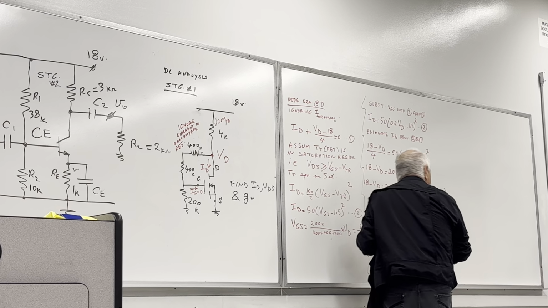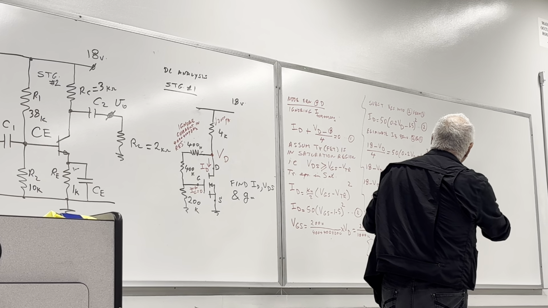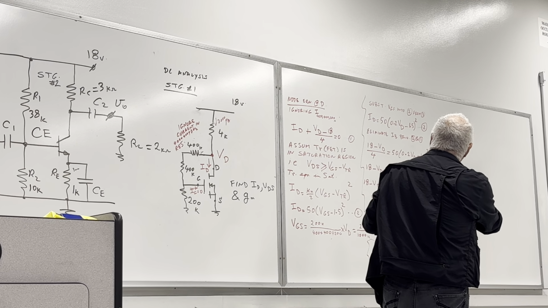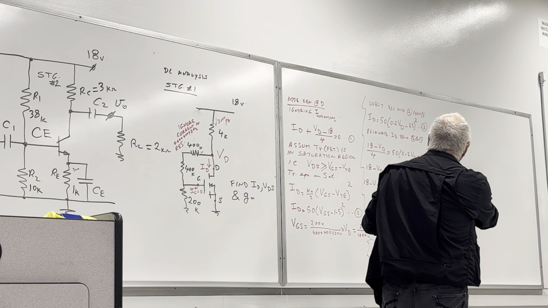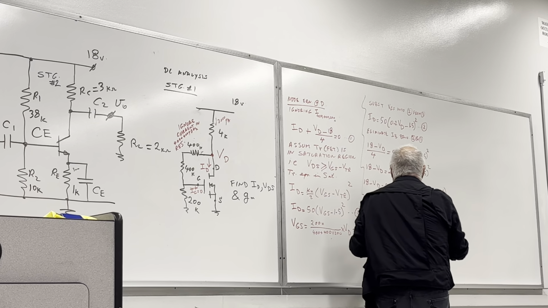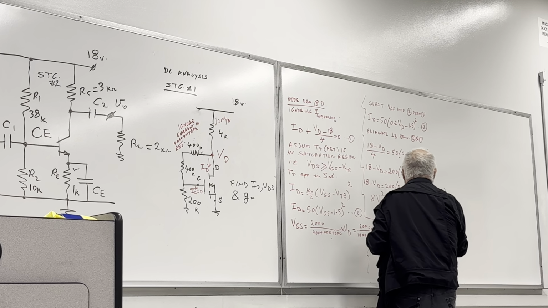Okay. Let's see if it is correct. Yeah, you got the same. 450, 18 goes there, subtracts. That's correct. This equation is correct. Let's throw it into the calculator and get the value of VD.